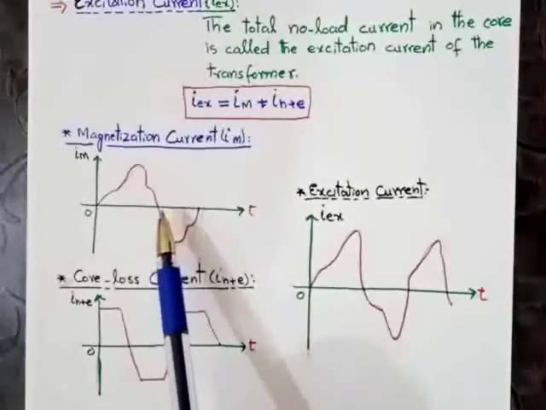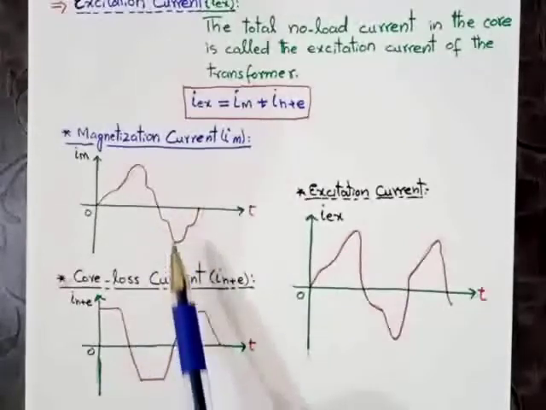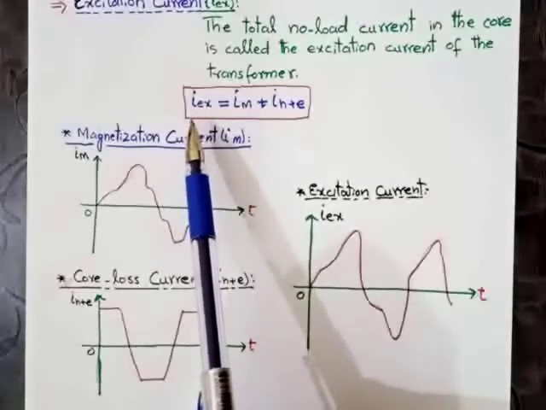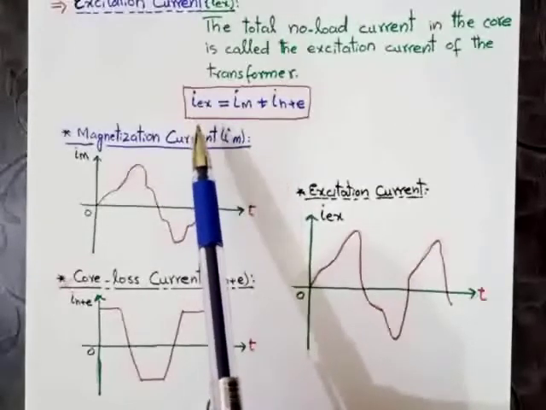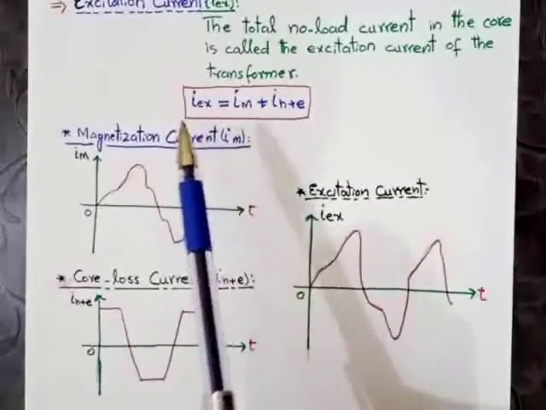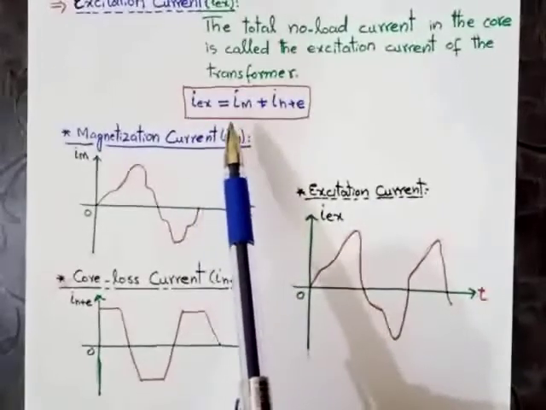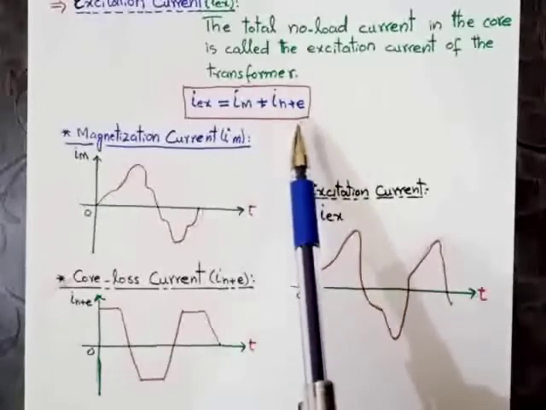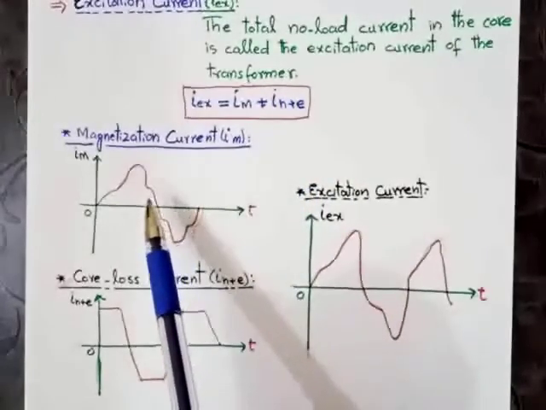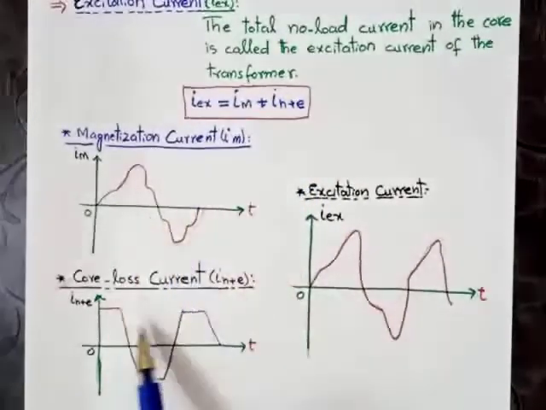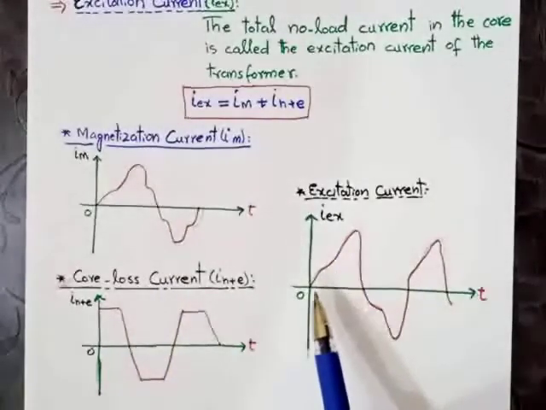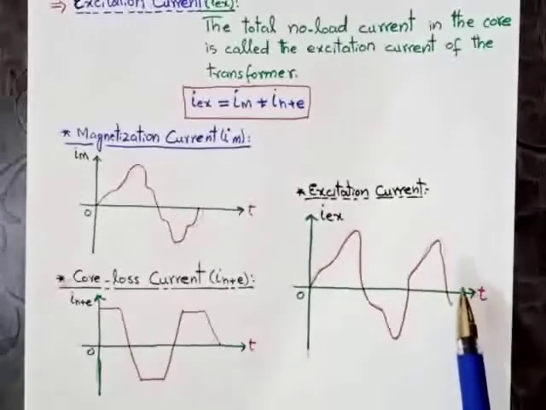When we add these two waveforms, the overall behavior will be equal to the excitation current. In the case of excitation current, we just add the magnetization current and core loss current. When we add the magnetization waveform and core loss current waveform, the overall behavior will be like this.